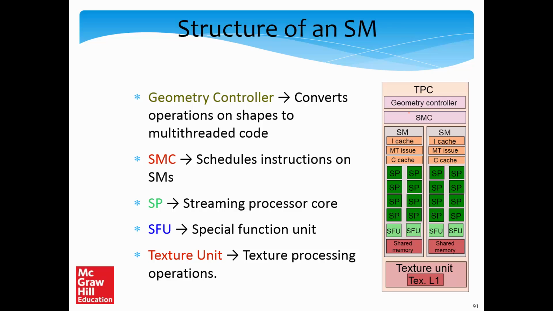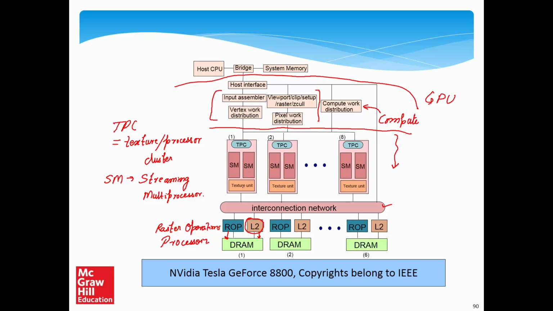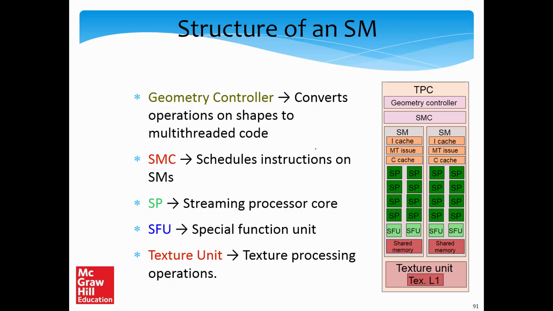That is the greatness of the general GPGPU concept, that you can actually do both. So let's look at an SM. Let's go back and look at a TPC. There are 8 TPCs, and inside a TPC we have multiple things. We have a geometry controller. This is again part of the graphics part. It converts operations and basic shapes to multi-threaded code.